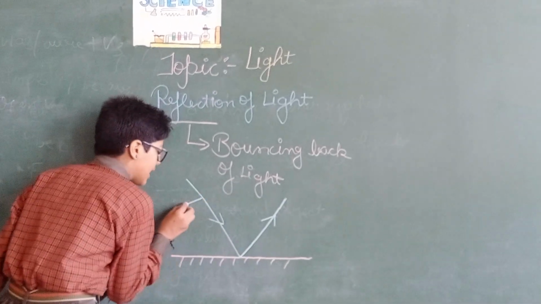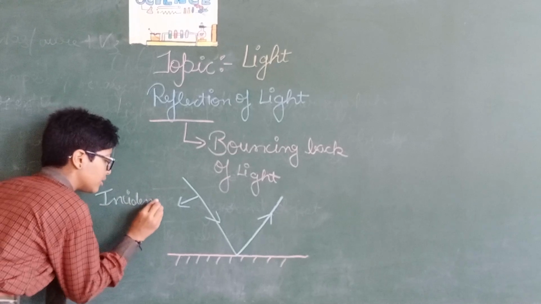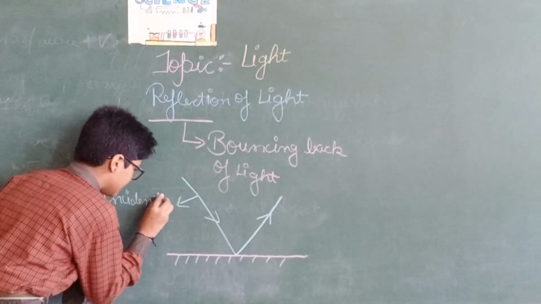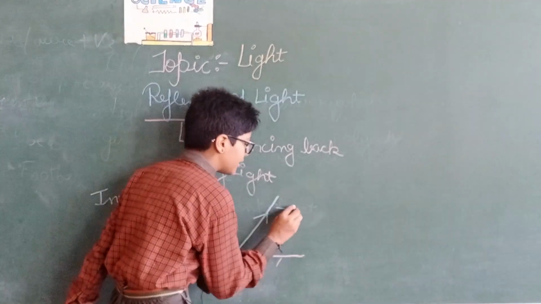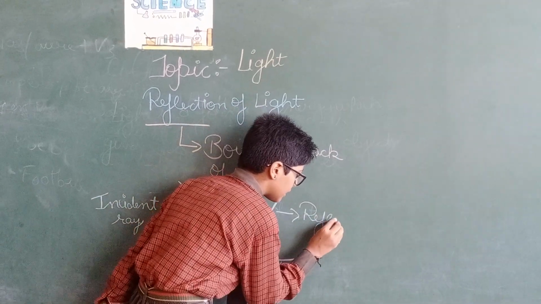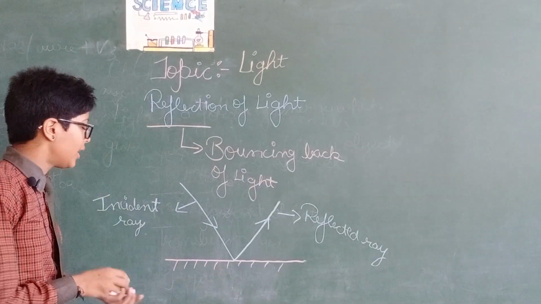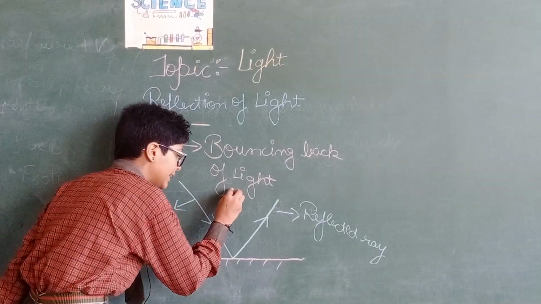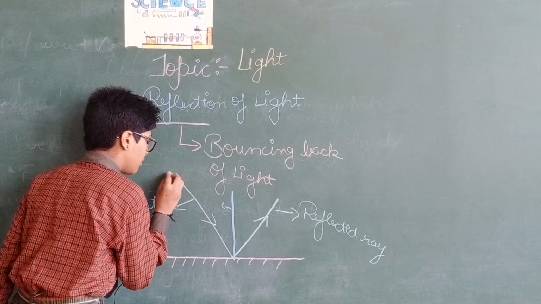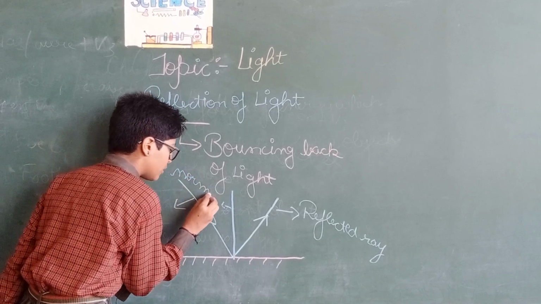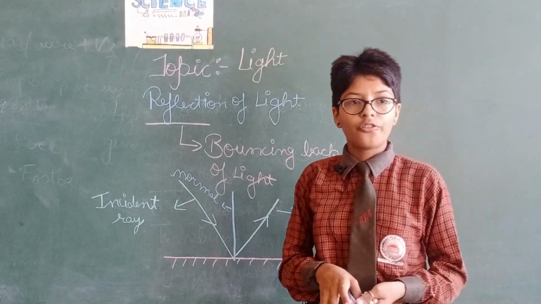First, this is the incident ray, and this one is known as the reflected ray. This is our plane mirror, and there is one more important line in the diagram, which is like this. It is known as the normal. So these are the three important lines which are formed when reflection of light takes place.